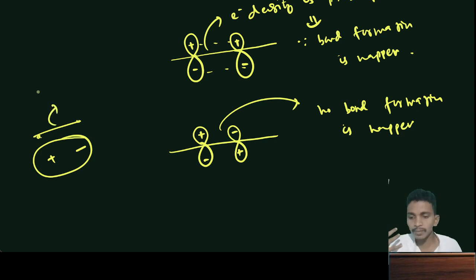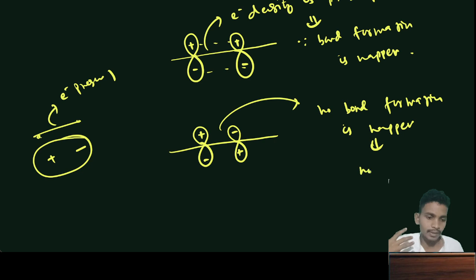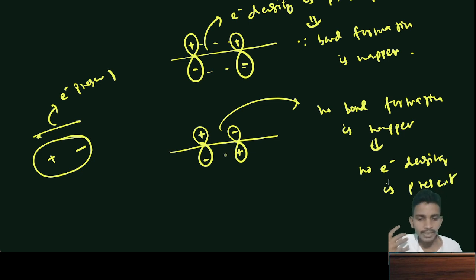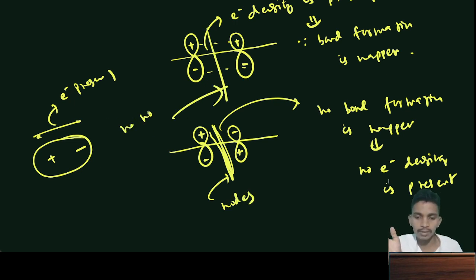So bond means electron presence, but if there is no bond, it means no electron is present. So no electron density is present. It means that here we have a node, because a node is where the finding of electron density is 0. So here we have a node, but here no node is present. Okay, so that's what we look at here.